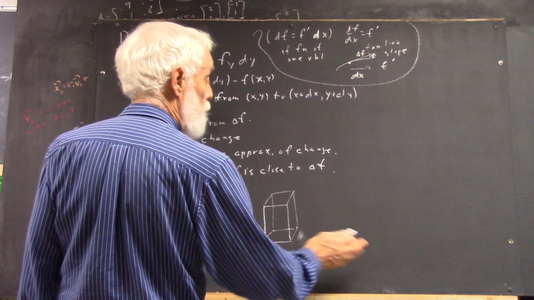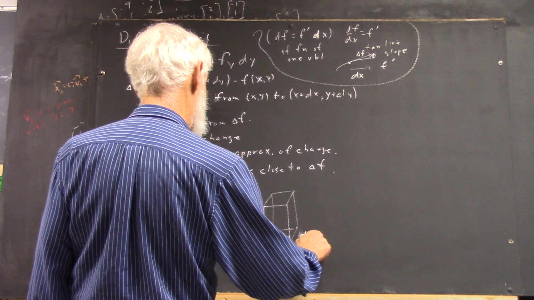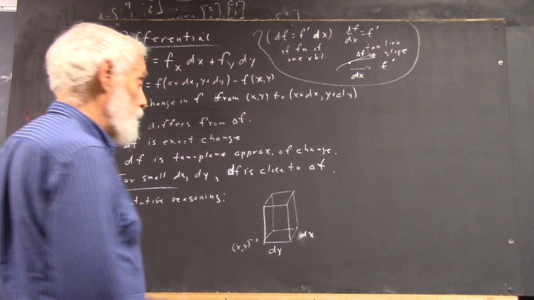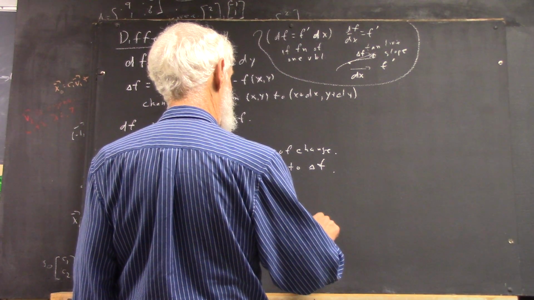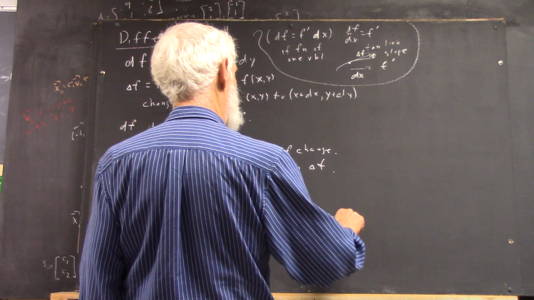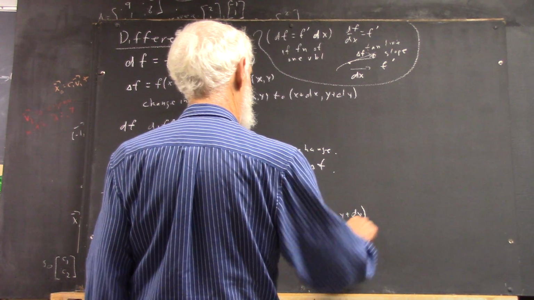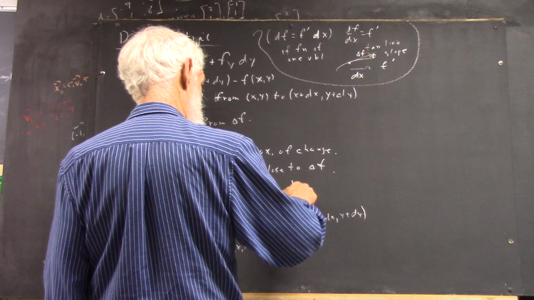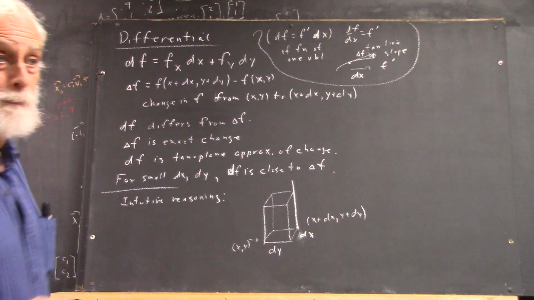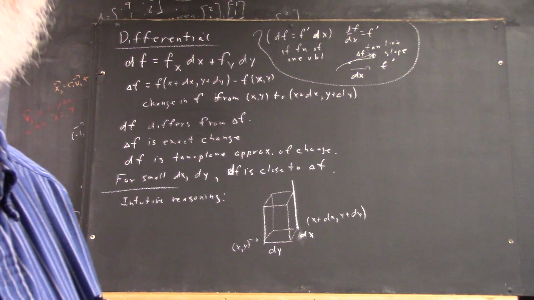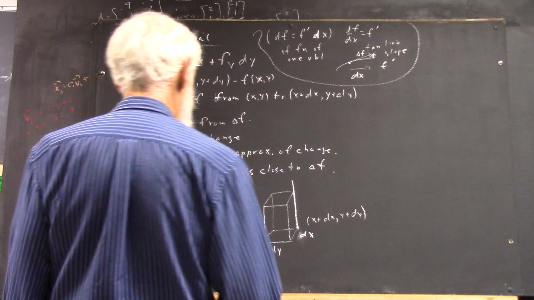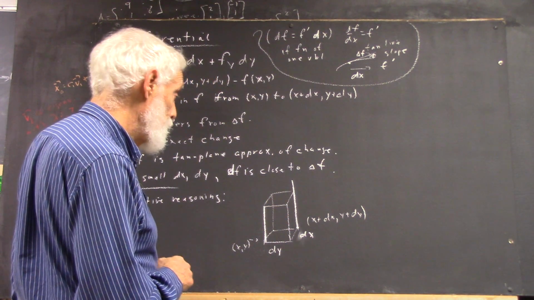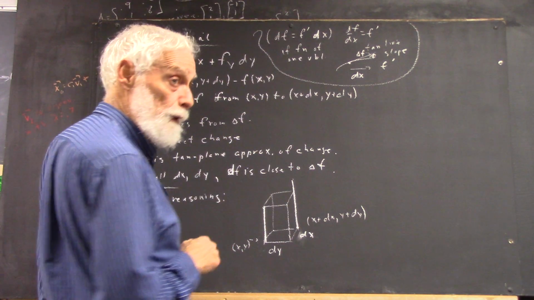Sorry, we're not going to call it delta x now. I keep wanting to do that, but that's like a dx and this is like a dy, right? So here's your point x plus dx, y plus dy. So the value of the function at this point might be up here somewhere. Okay? The value at x, y, of course, we'll say is this. Okay? Now how do you get from this value to this value?